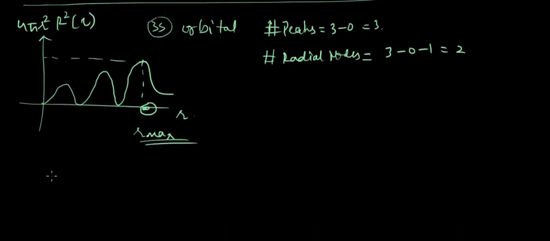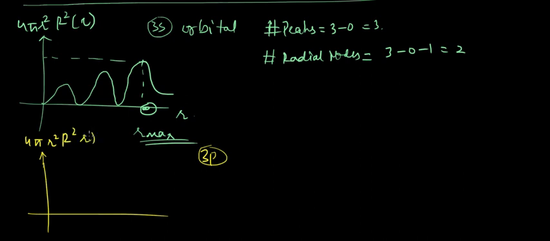Okay, similarly for the 3p orbital we can calculate the same. So for 3p it would be something like, again we are saying graph of 4 pi r square R square with r.